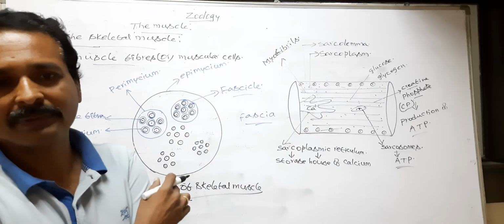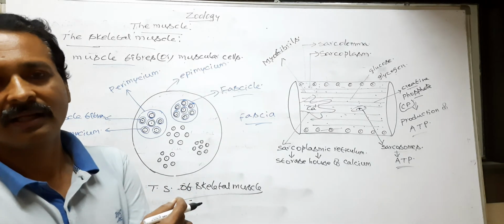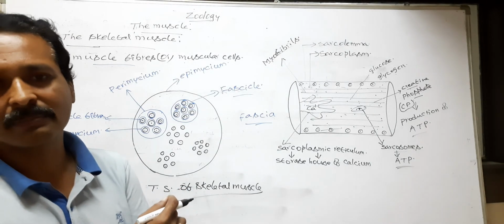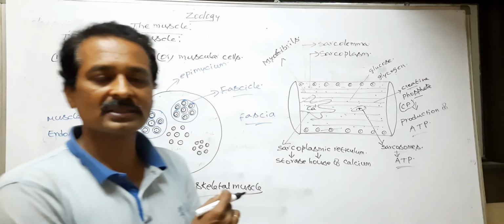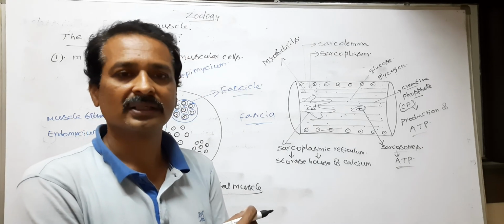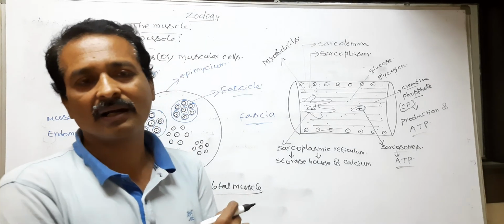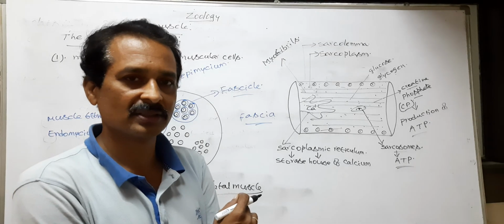The myofibrils contain alternate light and dark bands. Light bands are called I bands or isotropic bands. Dark bands are called A bands or anisotropic bands.